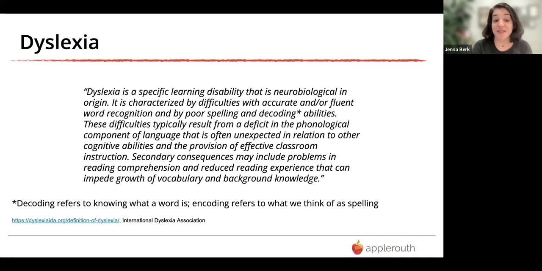Some consequences may include problems in reading comprehension, absolutely, because if it's difficult for you to read, reading comprehension is going to be hard, and reduced reading experience, because if it's taking you a lot longer to decode a word, it's going to slow down the amount that you can read, which then, of course, impedes your growth of vocabulary and background knowledge.